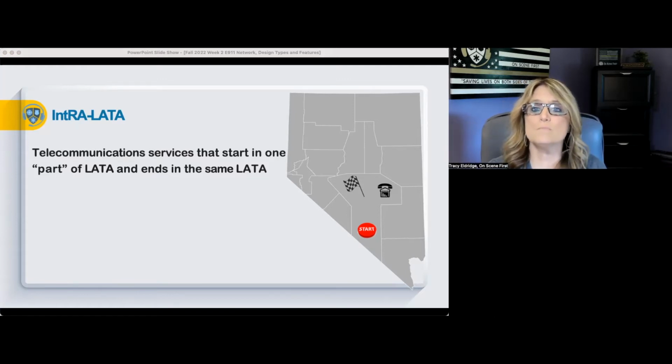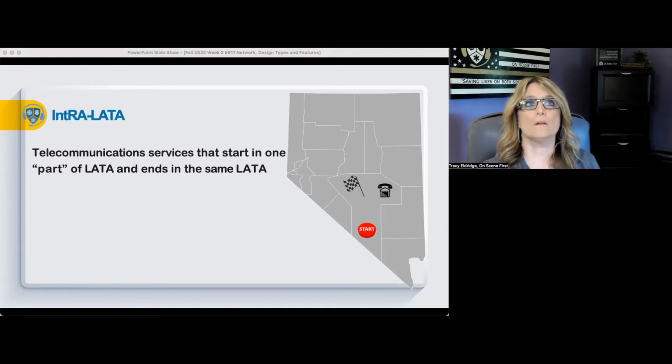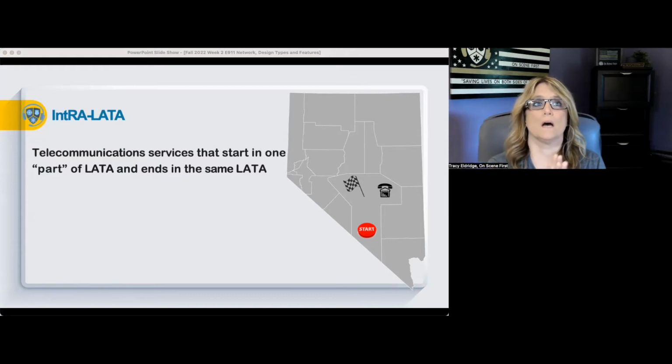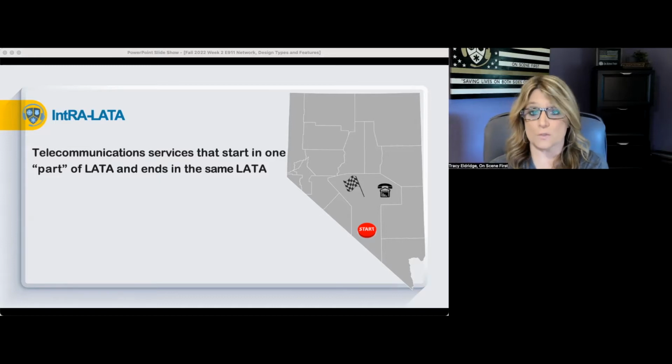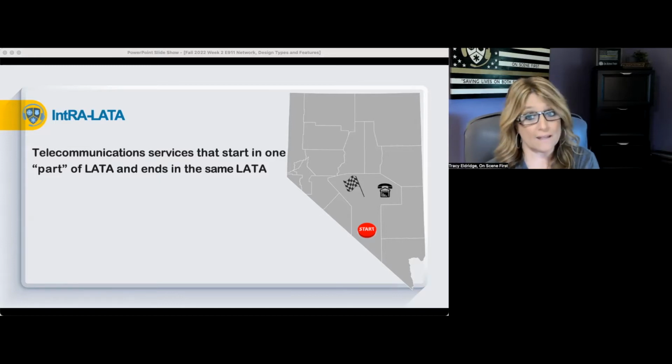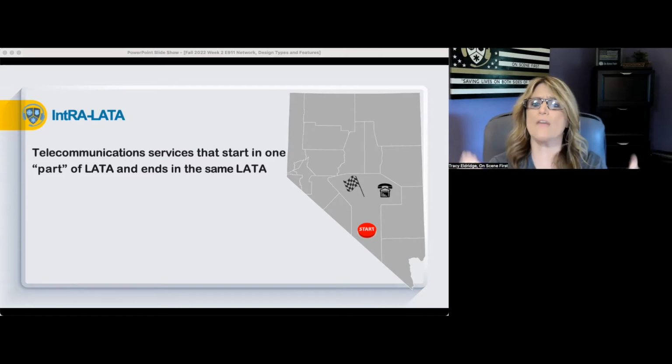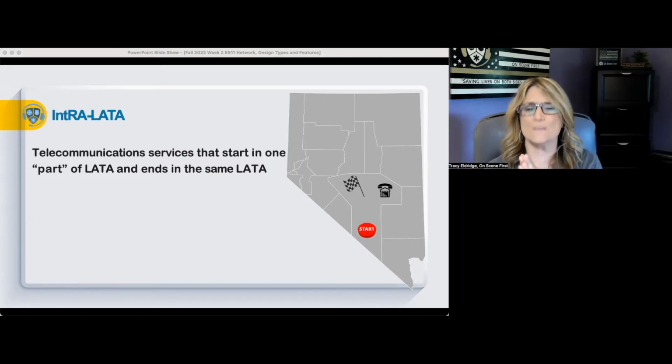The way I look at this one is, again, intra, rah, they're within our geographic service area for that switching. It's not going outside yet. I would think of that as more of the county. It still belongs to each other.